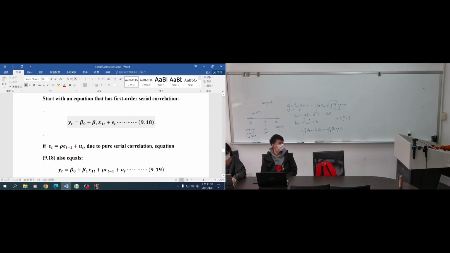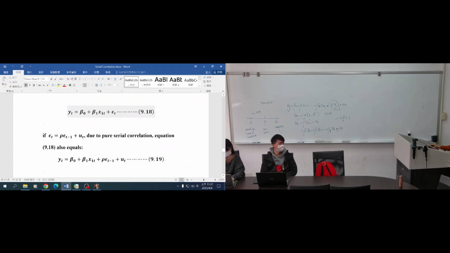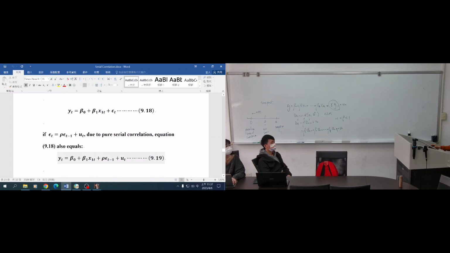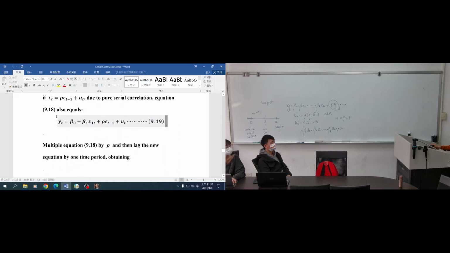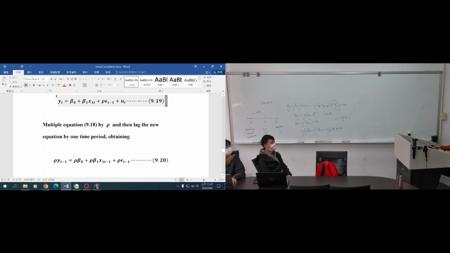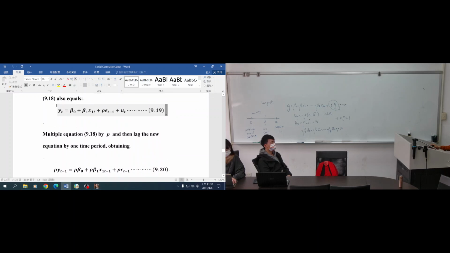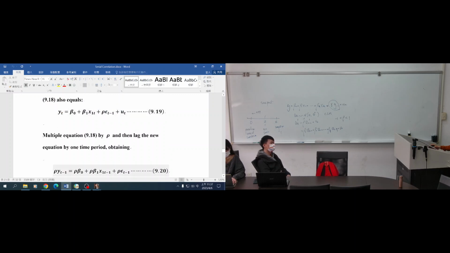Here I have Y t minus 1, and epsilon t is also t minus 1. And I also multiply by rho, in order to make this one t minus 1 with rho, to eliminate this. So 9.18 becomes 9.20.